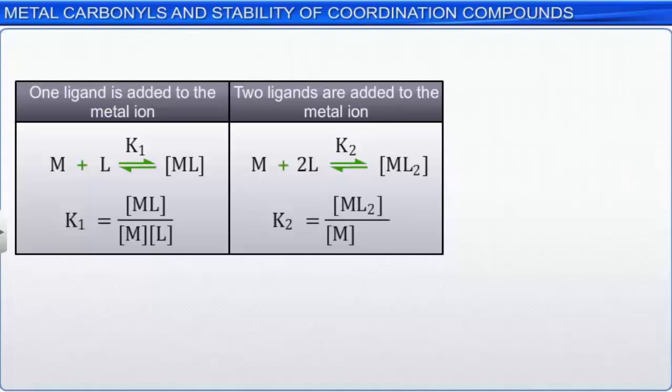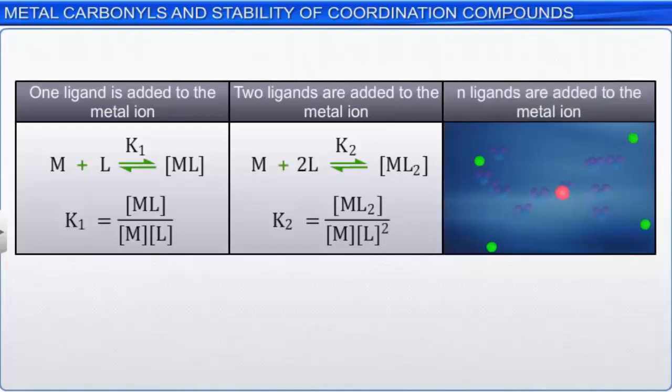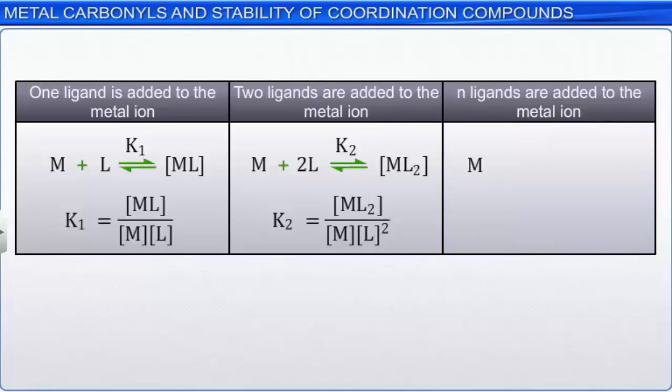Similarly, if n ligands are added to the metal ion, then the equation may be written as M plus nL in equilibrium with MLn. And the stability constant for this reaction, Kn, is equal to the concentration of MLn divided by the concentration of M multiplied by the concentration of L raised to the power of n.